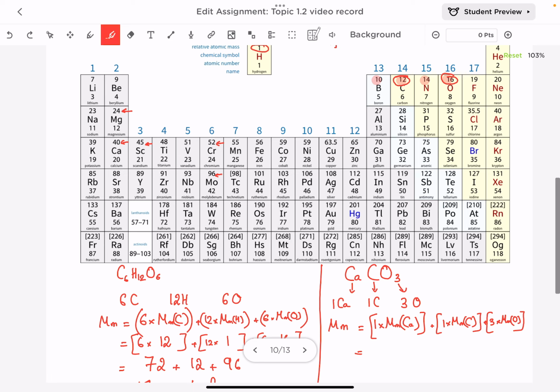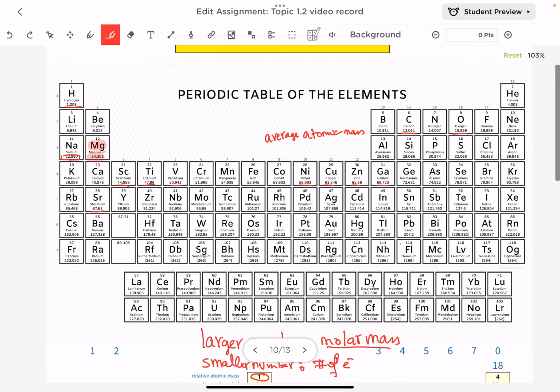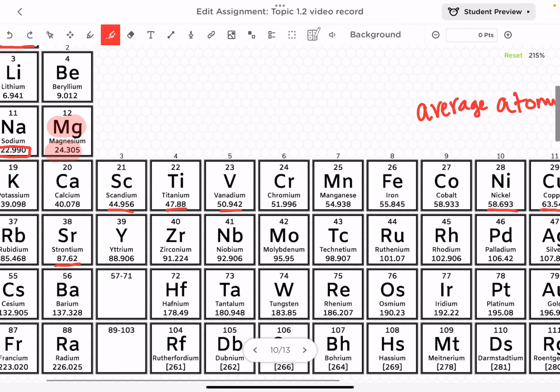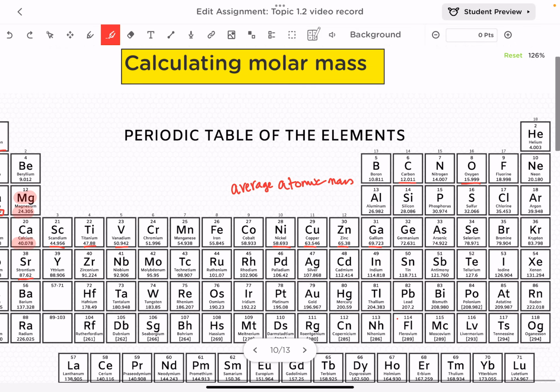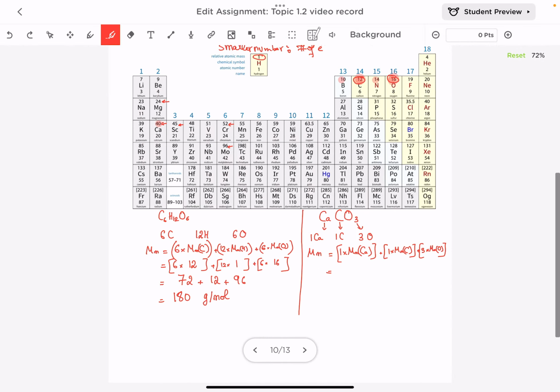From the periodic table, whether I am using this table or the upper one, the molar mass of calcium is 40, the molar mass of carbon is 12, and the molar mass of oxygen is 16. If I use this periodic table, the molar mass of calcium is the larger number written below the symbol. If I round it, it is 40, that of carbon is 12, and that of oxygen I round to 16.